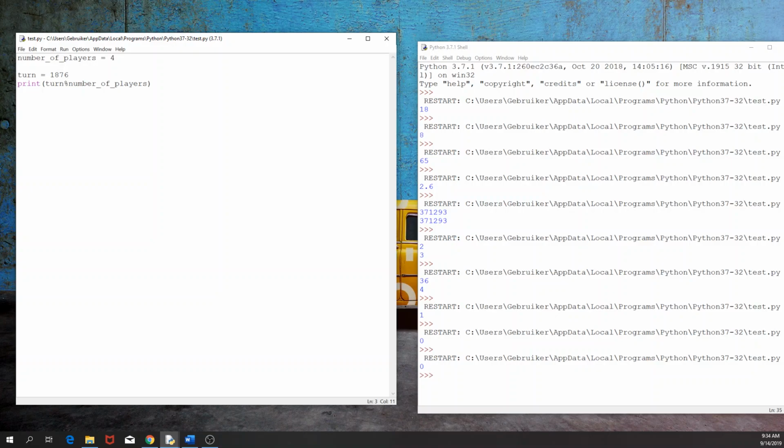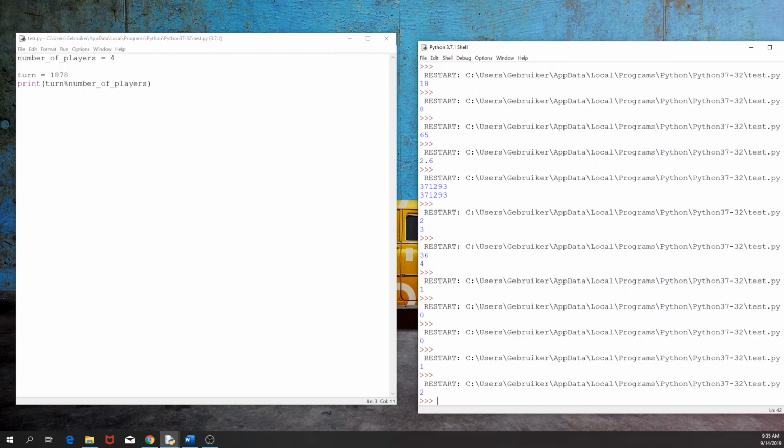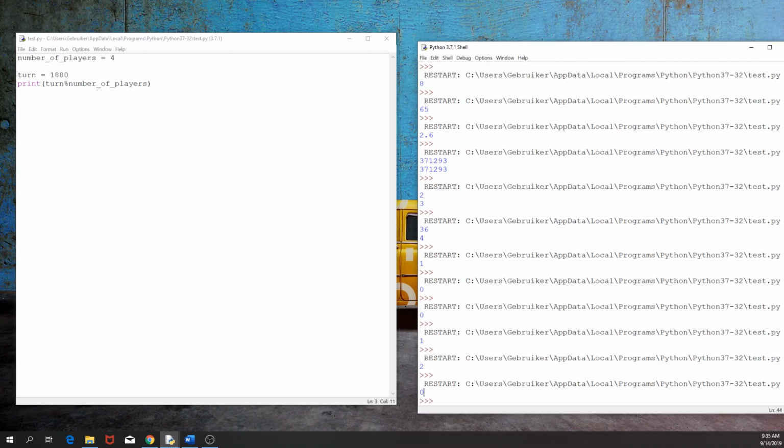But it's player 0's turn, he makes his choice, and then the turn increases by 1. And then it's player 1's turn, and he makes his choice, and the turn increases by 1. And then it's player 2's turn, and so on. And then once everyone made his choice, we start from the beginning again, so from player 0, and so on.